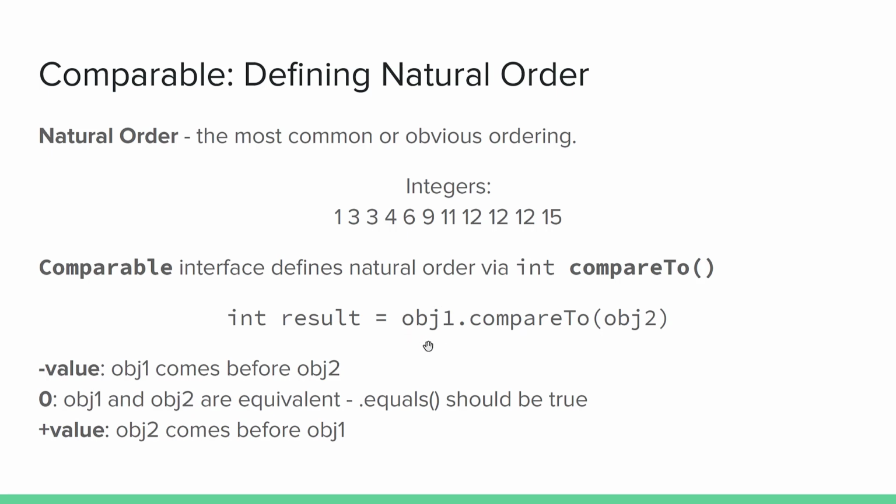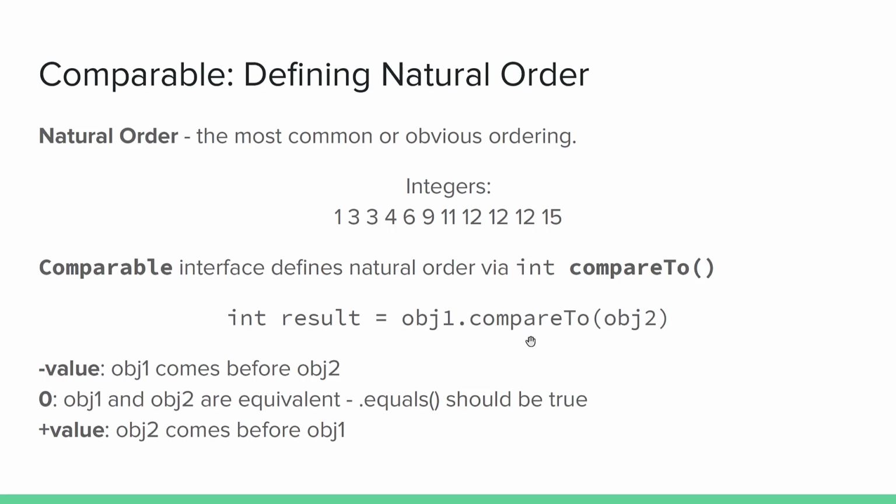It's less than or smaller than the other object. If the number that's returned is a positive number, then we assume the second object is the one that's smaller or comes first. So object 1 coming first is a negative number. Object 2 coming first is a positive number. And if they are equivalent to one another, they should return a zero value.